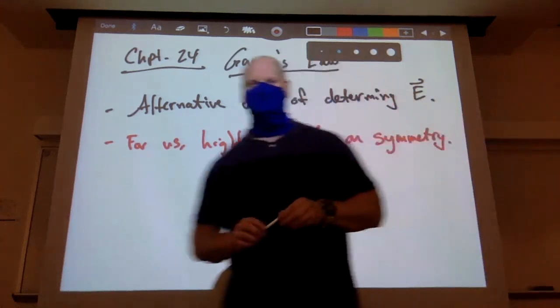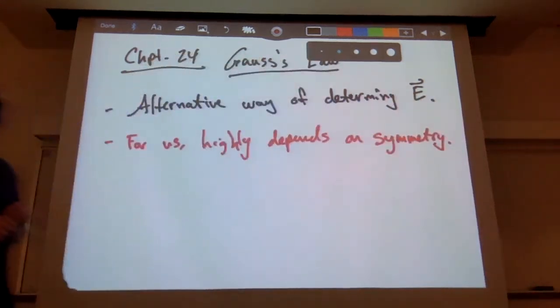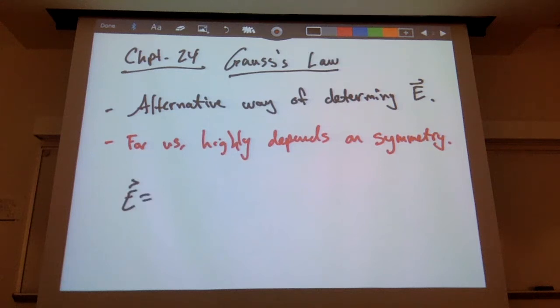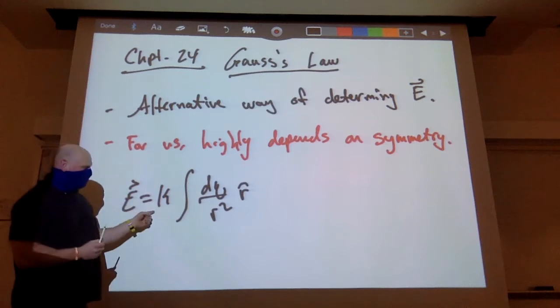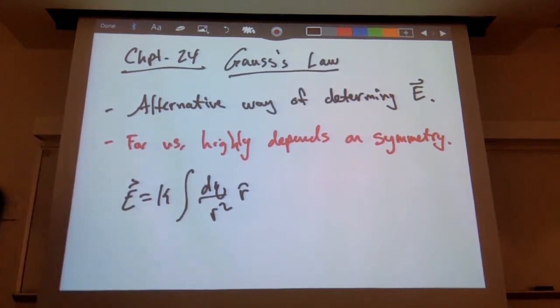What's Gauss's Law? Gauss's Law is an alternative way of determining the electric field. As we talked about before, what we've had is Coulomb's Law, which says that the electric field is equal to k times the integral of dq over r squared, typically in some sort of r hat direction. But the problem with this is that, one, it can be a very highly complicated integral, two, it could be an integral that we can't do at all, which means three, we'll have to numerically do this.